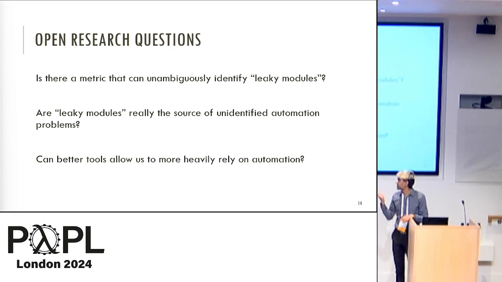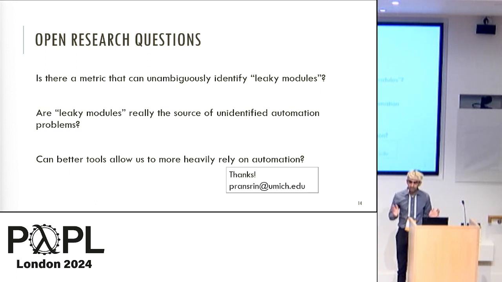But I think there's a lot of discussion to be had here, as I personally think that the automation is a good thing, and if we have the tools to be able to pick out when it's failing us, then we can leverage that automation a lot better. That's all I really had. Thanks for your time. And questions, yeah.